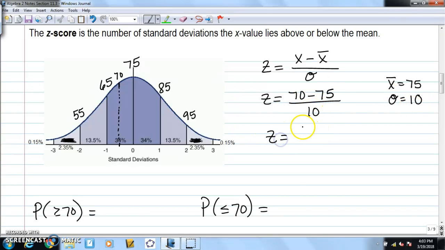So my z-score is -5/10, right, which is -1/2, which if you put it as a decimal is -0.5, right? Well, that makes sense, doesn't it? It's halfway here. This is -0.5 because it's halfway between 0 and -1. Okay? So that's my z-score.